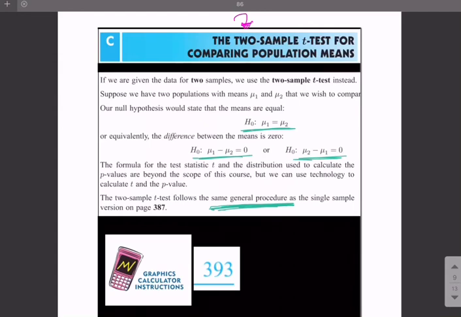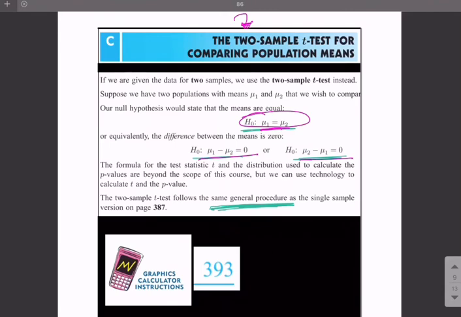We're going to write again our hypothesis in the same way as before. The first mean is the same as the second mean. Sometimes they write them as mu1 minus mu2, the first mean minus the second mean is 0, or the other way around. Usually I prefer this one.